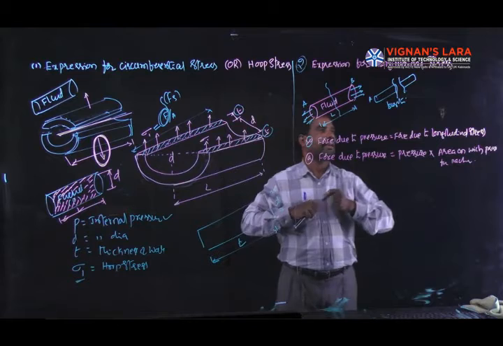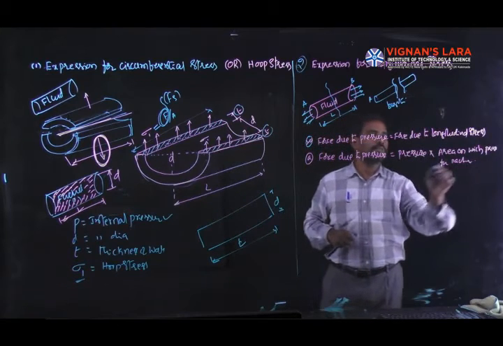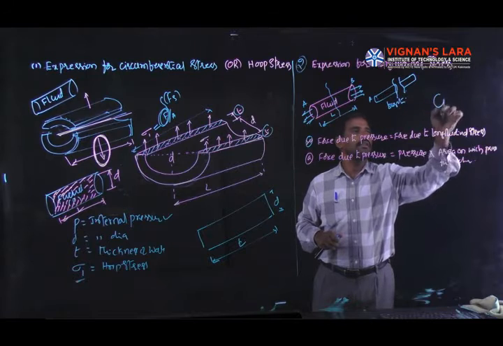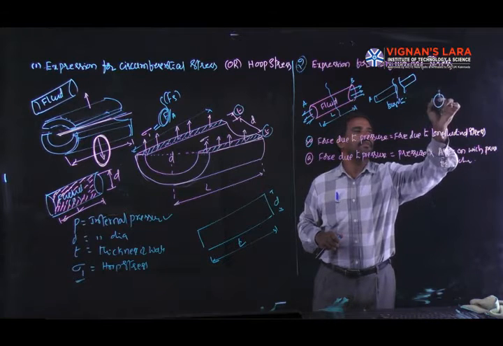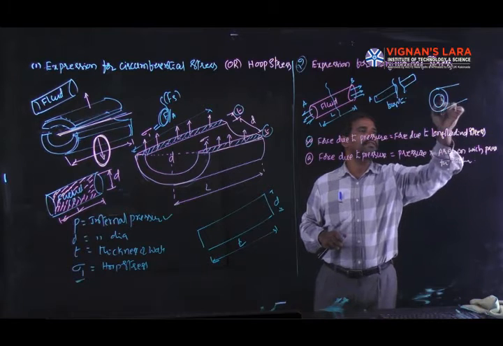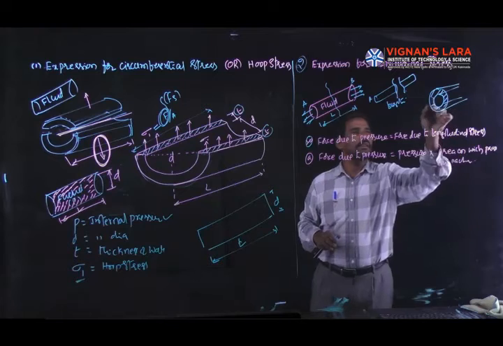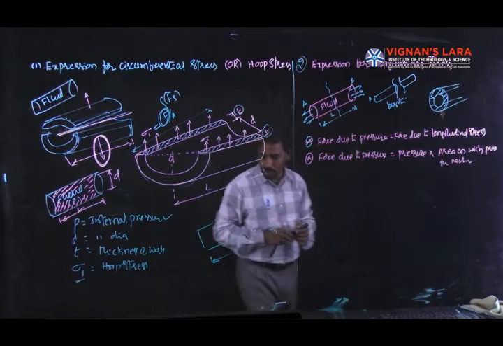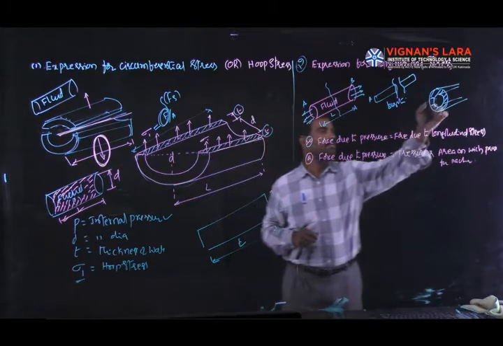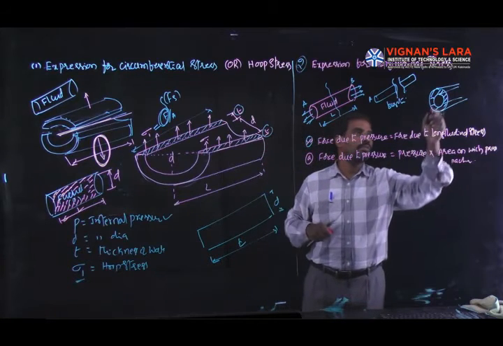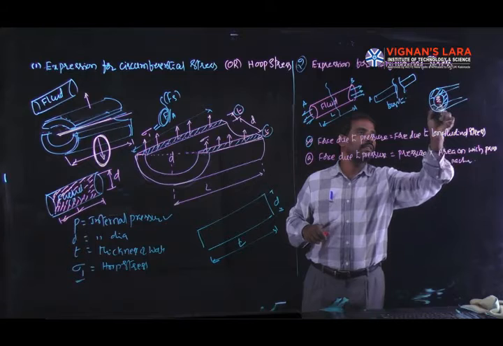On which area is it acting? This is the internal diameter of the cylindrical shell, and this is the external diameter. The force is acting on this area, represented by red color.